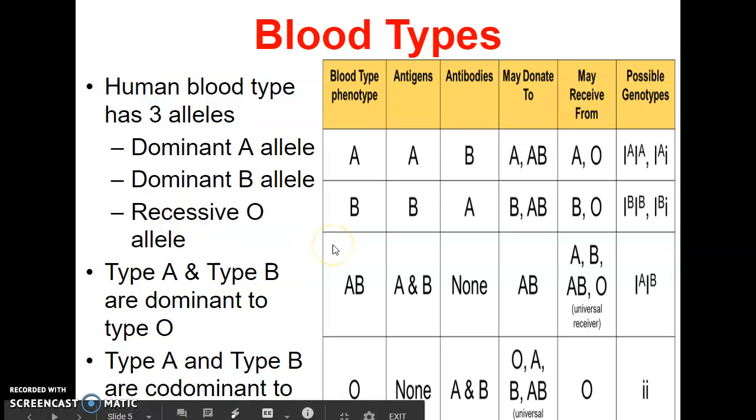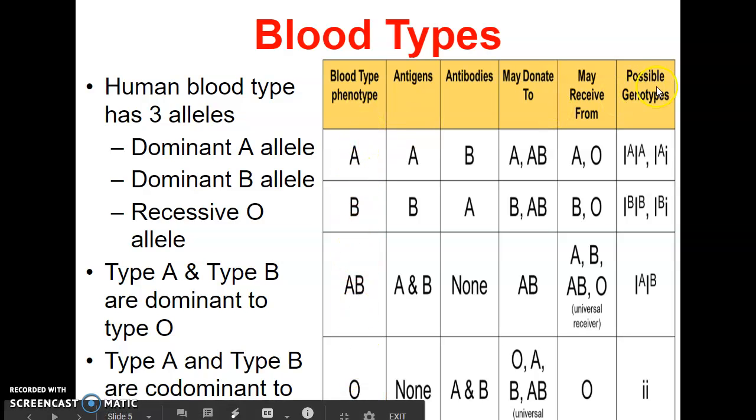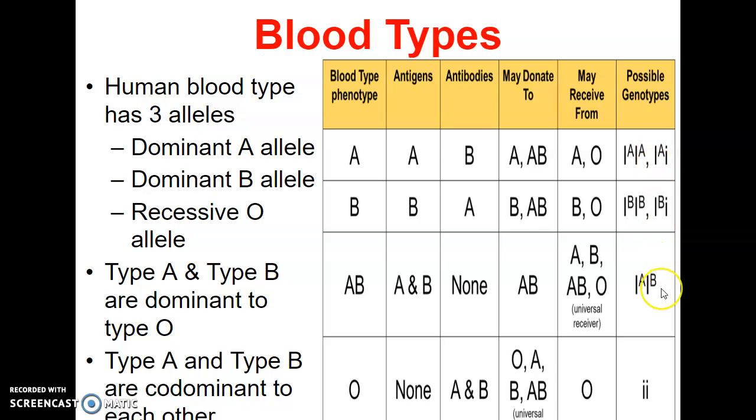In the box on your notes section, I do want you to copy the blood type's phenotype and the blood type's possible genotypes. So if you have blood type A, you can be a homozygous blood type A. Homozygous blood type A would be I, with a superscript capital I, superscript capital A. That's homozygous.